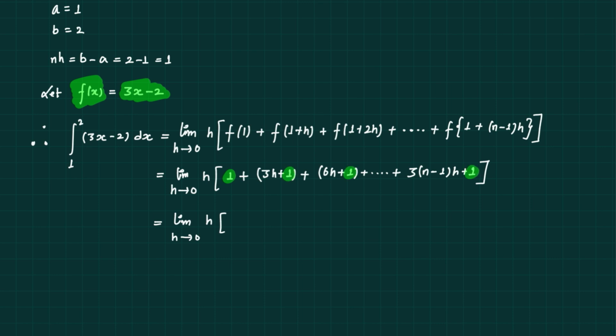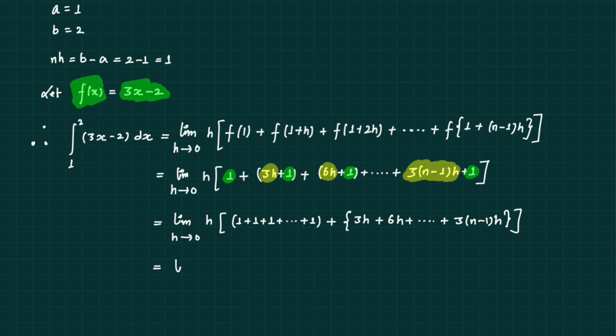Since there are n number of terms, here we will have n number of 1 separately, plus, and writing this 3h plus 6h up to 3 into n minus 1 h separately.